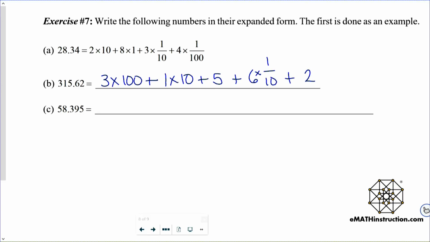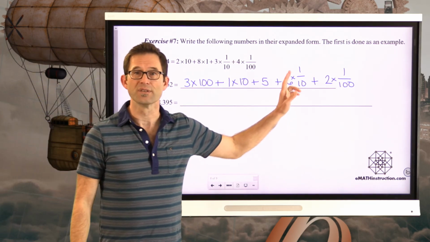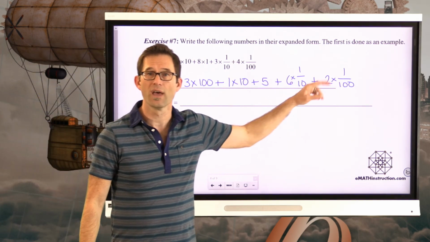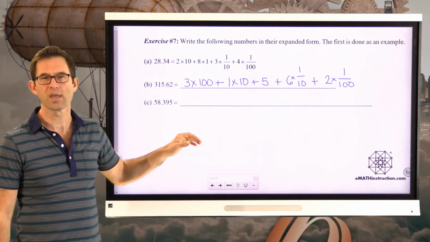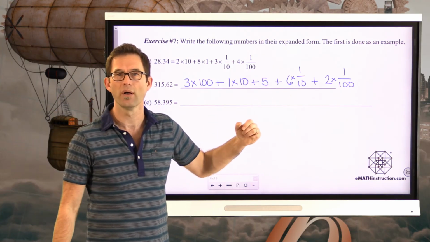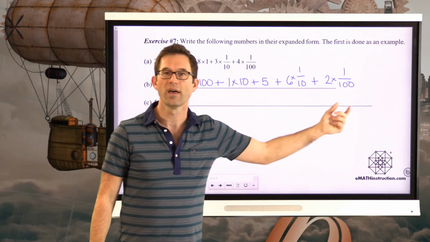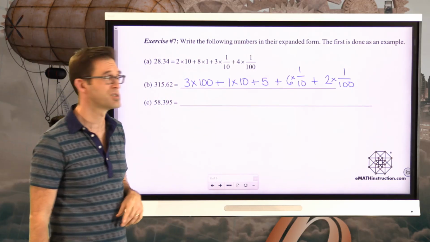And we're going to have 2 1/100ths, right? Now, it really wouldn't be incorrect if you wrote this as 6 divided by 10 or 6 over 10 and 2 over 100. But kind of like what we did here, we really want to say, oh yeah, I have 3 of these hundreds, 1 of these tens, 5 of these ones, 6 of these 1/10ths, and 2 of these 1/100ths. Let's do letter C.